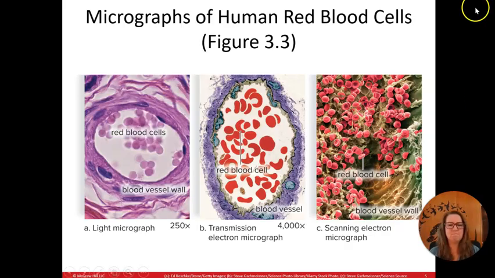We're going to see the vessel. So this is likely a vein. It could be an artery. So you can get some more detail there. Certainly we see that in this red blood cell, we actually have some sickle shaped. So this person probably has sickle cell anemia. But look over here, the scanning electron micrograph.